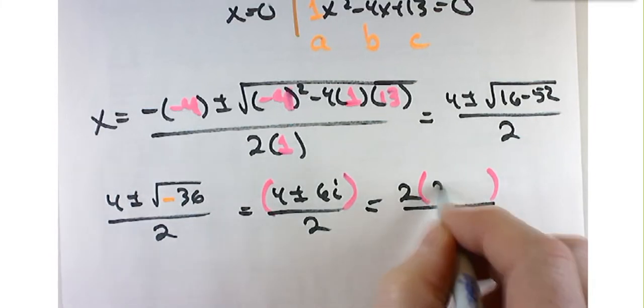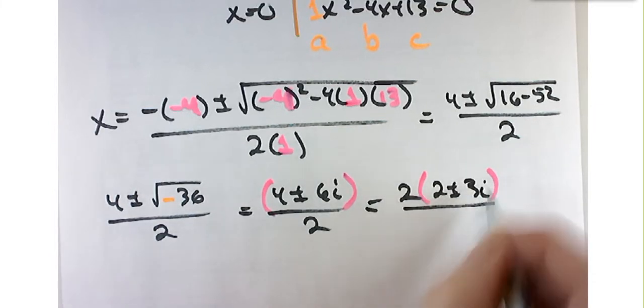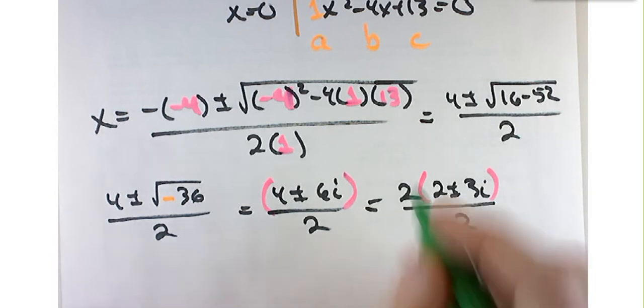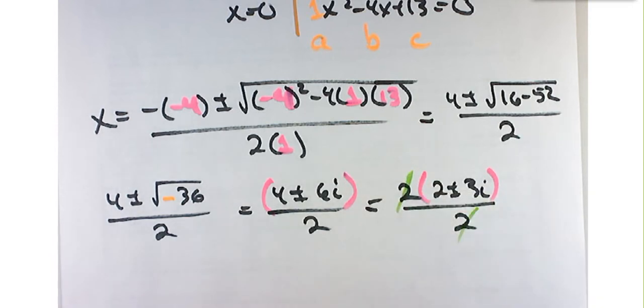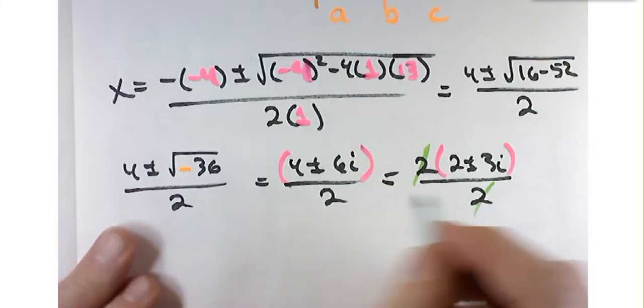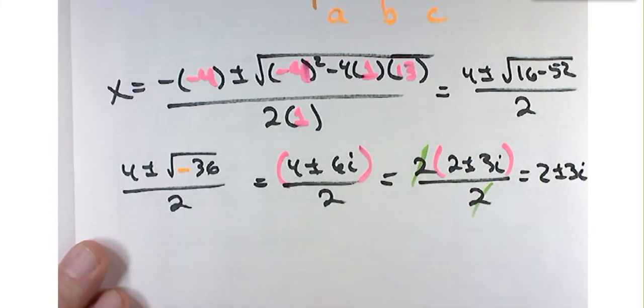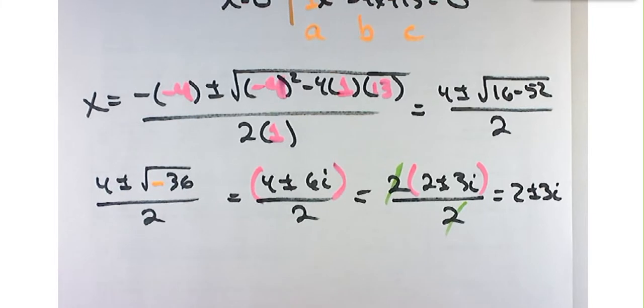That leaves behind 2 plus or minus 3i over 2. And now the 2's cancel. So you get 2 plus or minus 3i. So those are the other two roots for this polynomial.